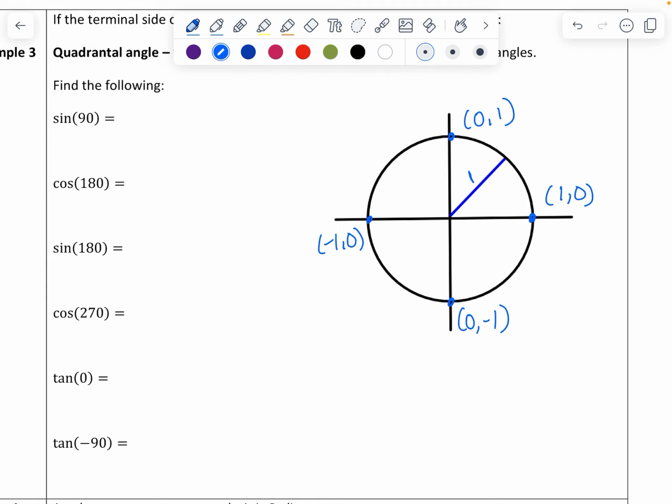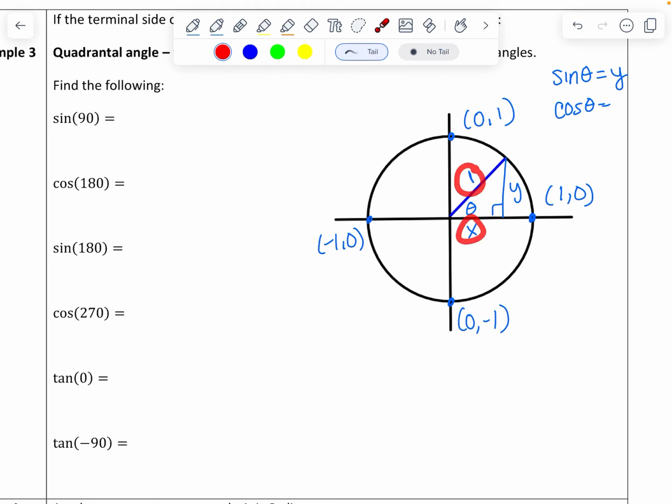And then if we want the drawing, we could put this right triangle here to remind us that that's our x and our y distance, so that our sine value is opposite over hypotenuse. So the sine value of our angle corresponds to our y value, and cosine is adjacent over hypotenuse.